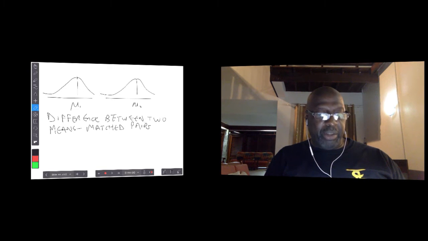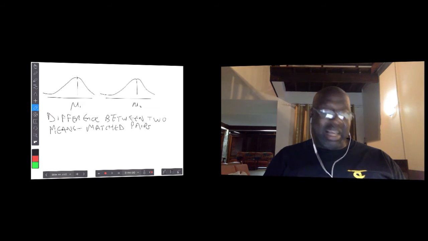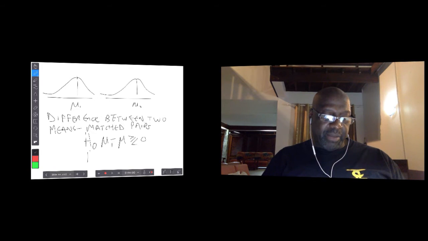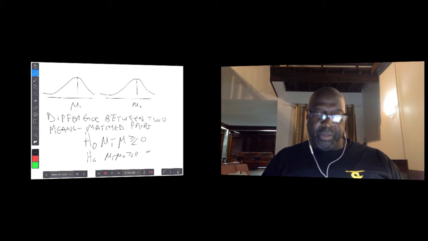So here's our illustration of this. We have these two populations. We are interested in testing a hypothesis about the difference between two population means. H0: mu1 minus mu2 greater than or equal to 0, or less than or equal to 0, in which case HA would be mu1 minus mu2 greater than 0, or less than 0, or not equal to 0.